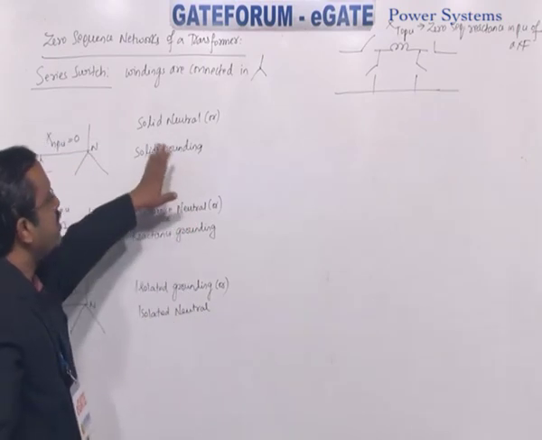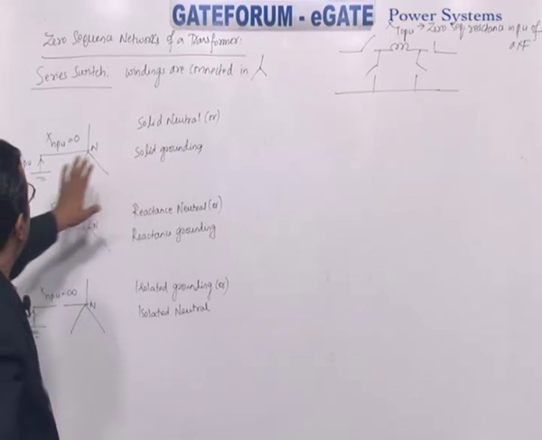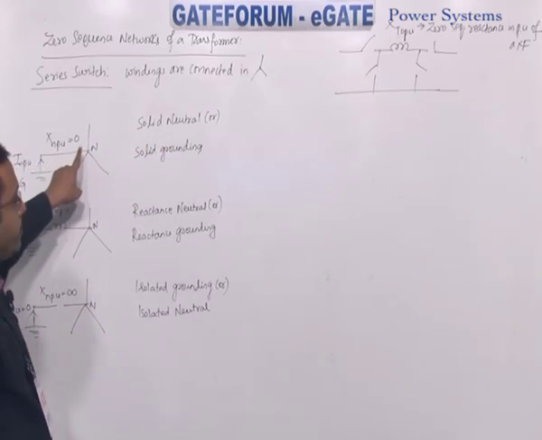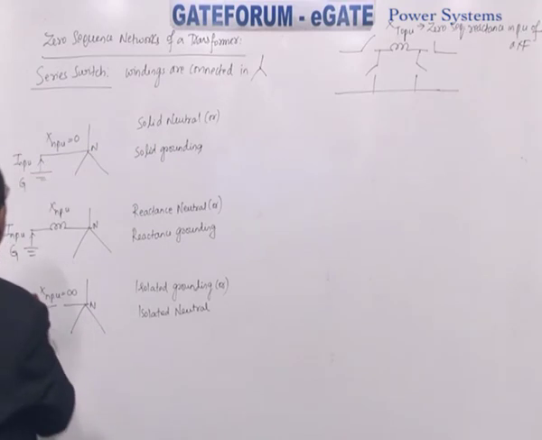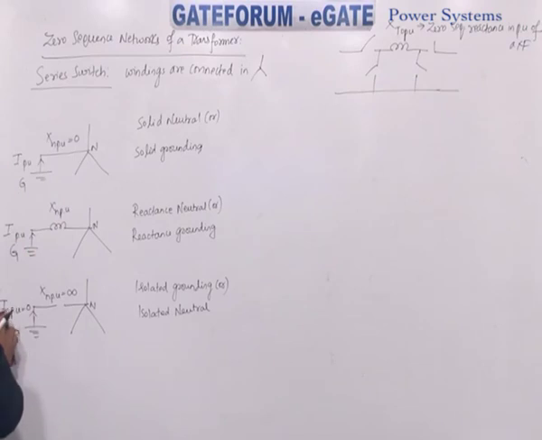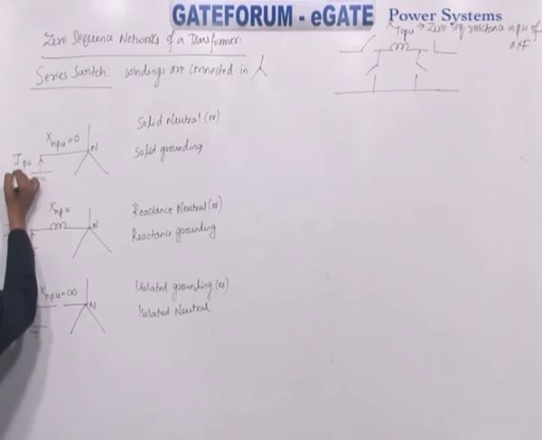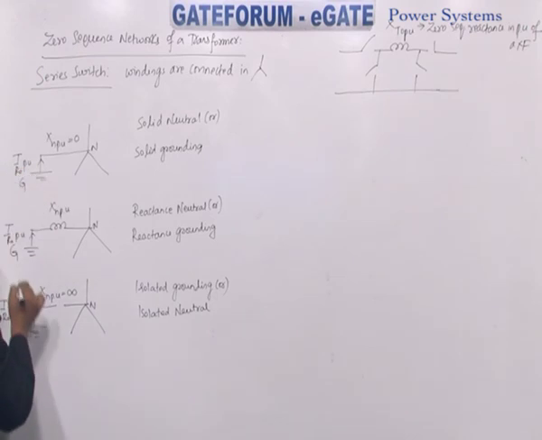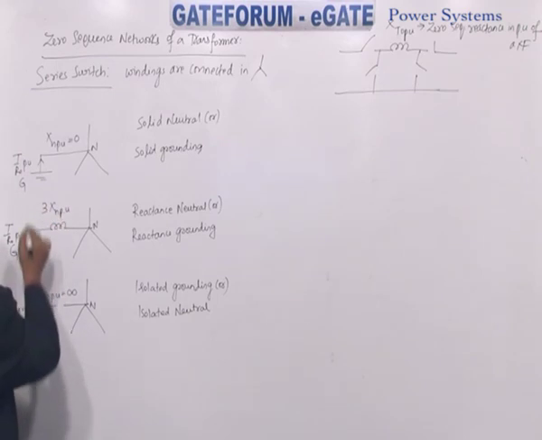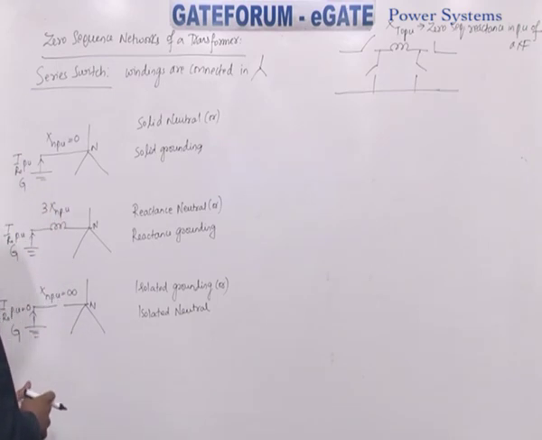And suppose you have a solid neutral, what to do? Yes, neutral current flows from ground to neutral. Now you can represent it with IR naught, because you are dealing with the zero sequence network of the transformer. So mention IR naught per unit, the zero sequence current.